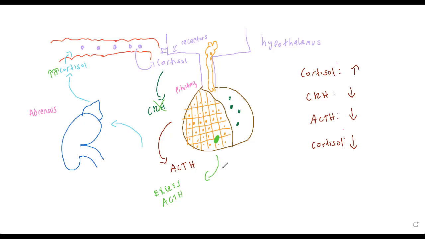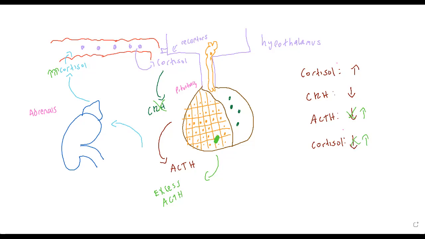So you're seeing here that the feedback system is going to be broken down because one step in the process has malfunctioned. So cortisol will never come down, even though the hypothalamus is desperately trying to tell it, hey, this needs to slow down, but it's not.